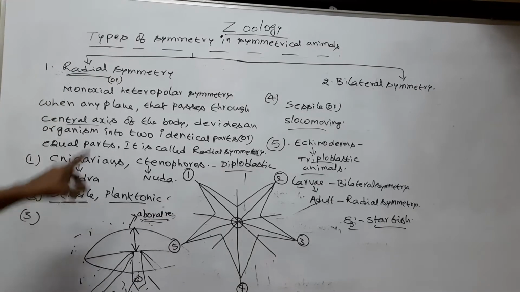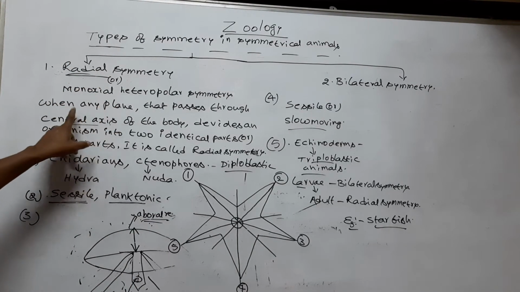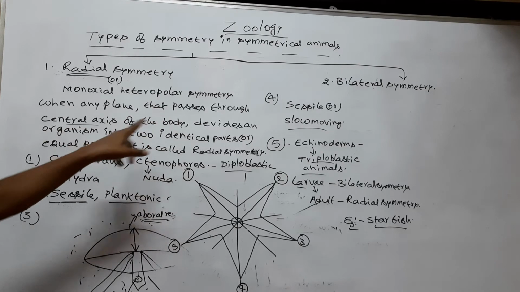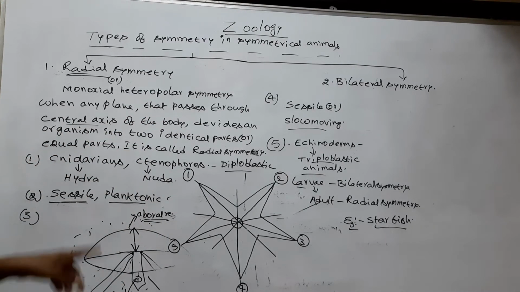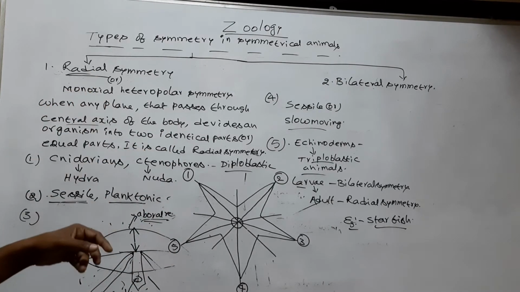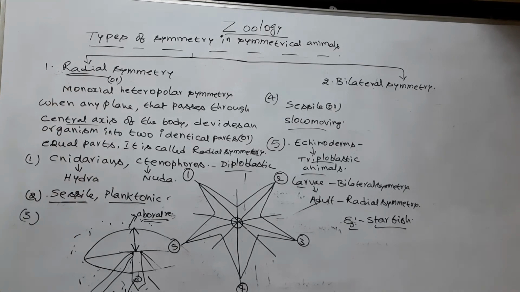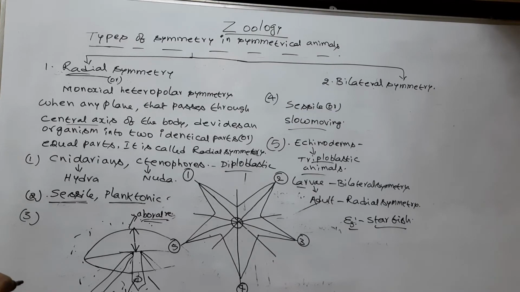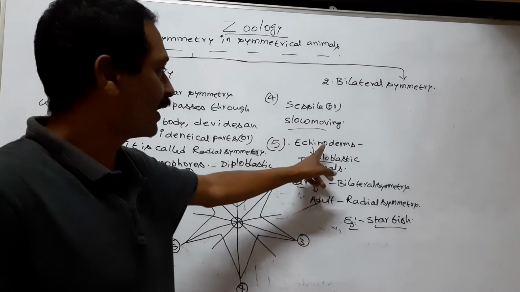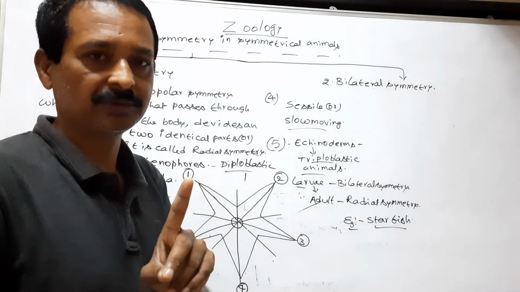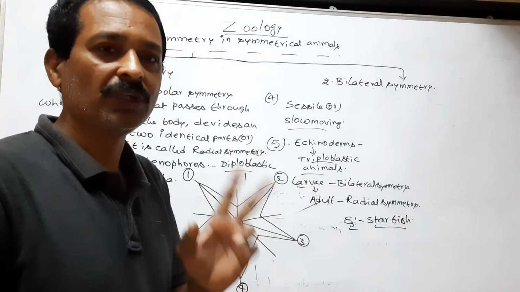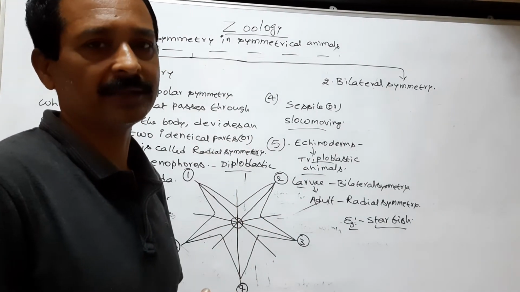Already I explained what radial symmetry is. Radial symmetry means when any plane that passes through the central axis of the body divides an organism into 2 identical parts. So the animals which show radial symmetry possess more than one plane. But the larvae of echinoderms can be cut into 2 equal parts through a single plane.